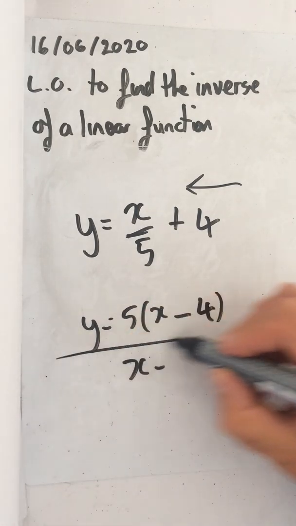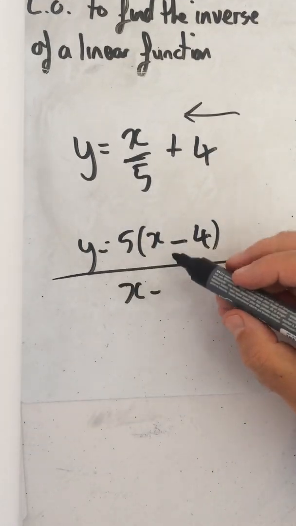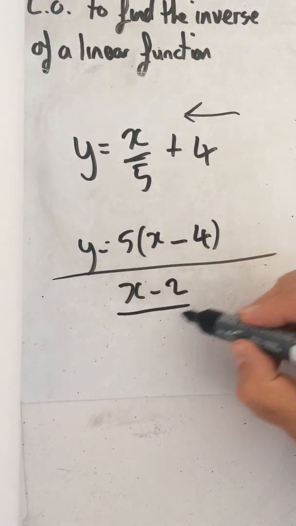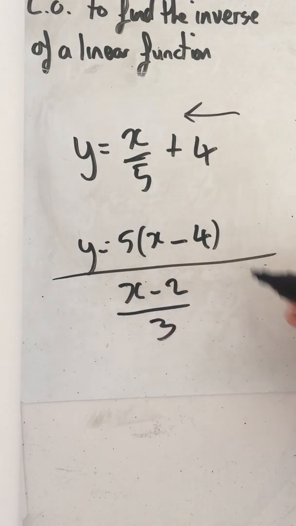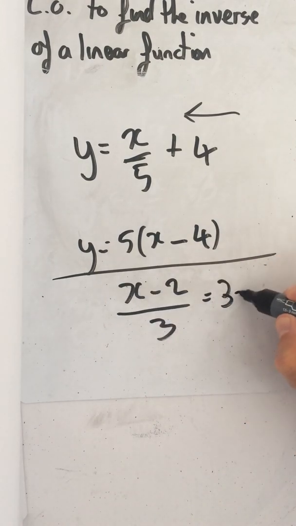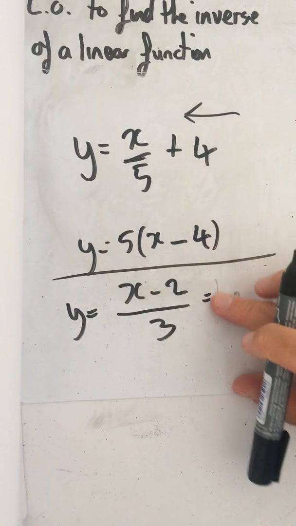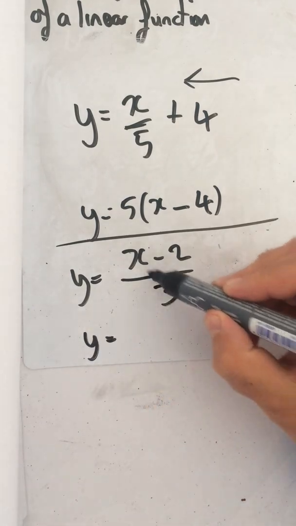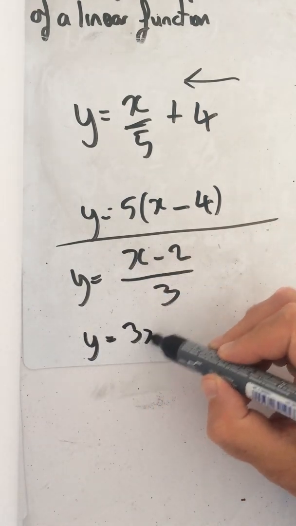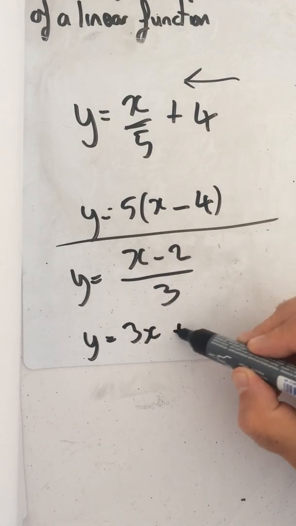x, let's have a look at this one, y equals x minus 2 over 3. On this one, we do just 3 times the x, so y equals 3x, and instead of the takeaway 2, we add the 2.